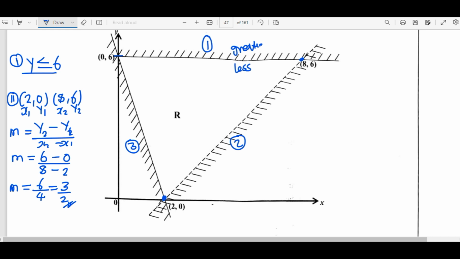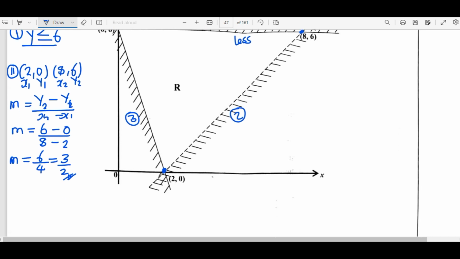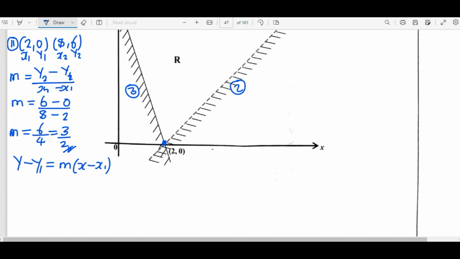Now we need to find the equation of the straight line. So we say y minus y1 is equal to gradient times x minus x1. Then we can now proceed. We can use any pair of the two. So let's use 2, 0.